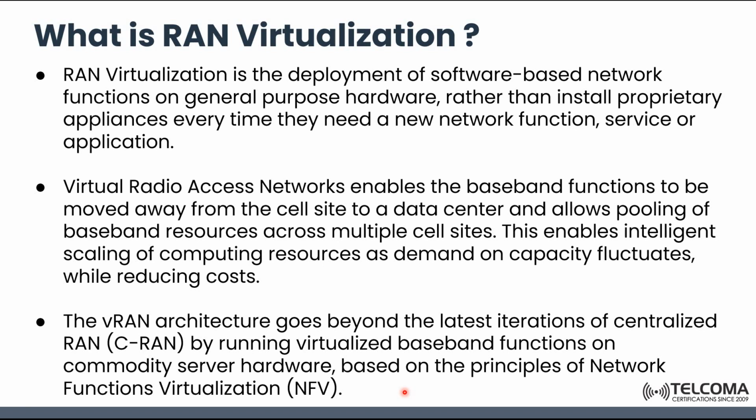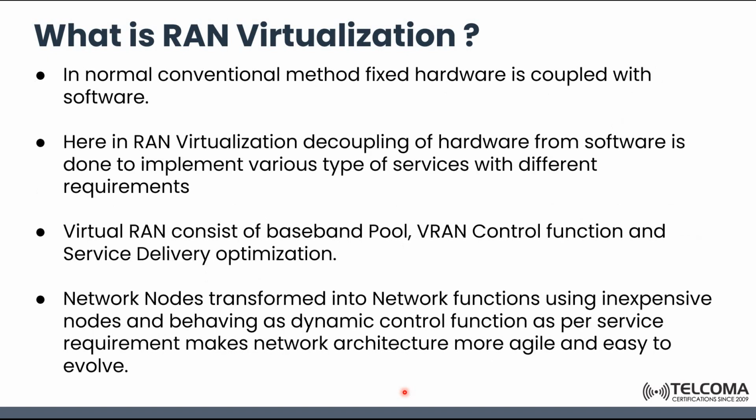So it's all about network function virtualization. vRAN is all about network function virtualization. Network elements are converted to network functions, implemented virtually, not physically present, and the functionality can be brought up by normal commodity server hardware.